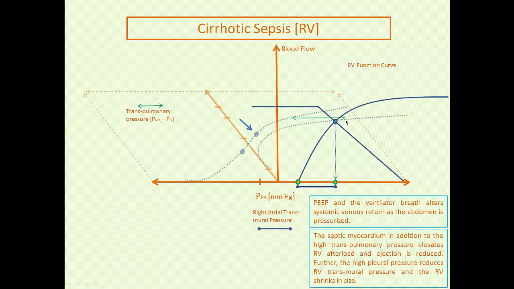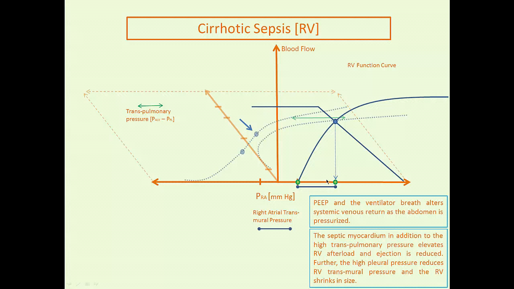Again, this just goes to show you that with these slides that I've made, you can bend the physiology in multiple ways. The transpulmonary pressure here is going to be dependent upon the relative difference between the drop in respiratory system compliance and chest wall compliance. So if this patient's chest wall compliance was very low from the massive ascites, then the transpulmonary pressure would be even lower. It's kind of a titration.